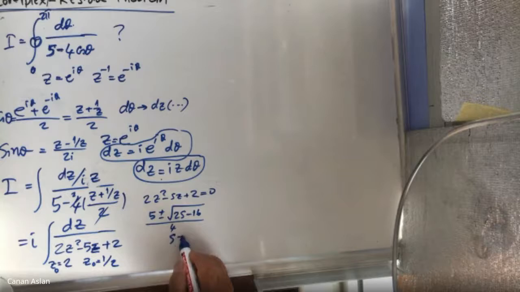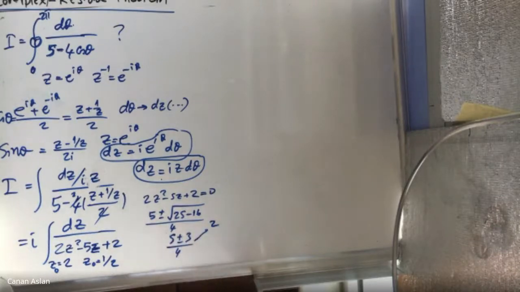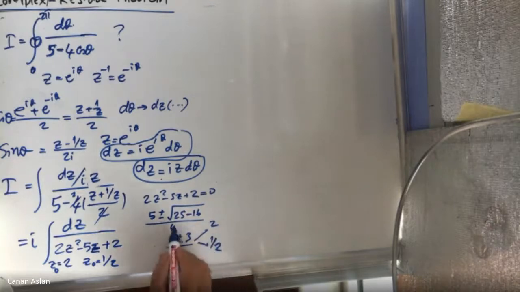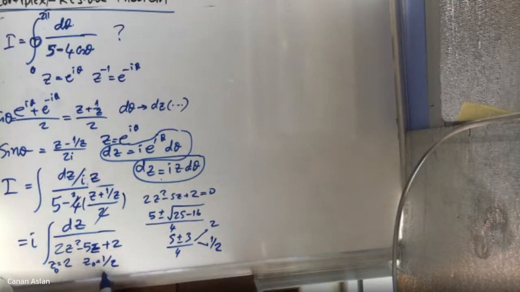So 5 plus and minus 3 over 4. The first one is 2, because 5 plus 3 is 8, and 8 divided by 4 gives you 2. But 5 minus 3 gives you 2, and 2 over 4 is just 1/2. This is how you can get the roots, and then say that these are the simple poles.